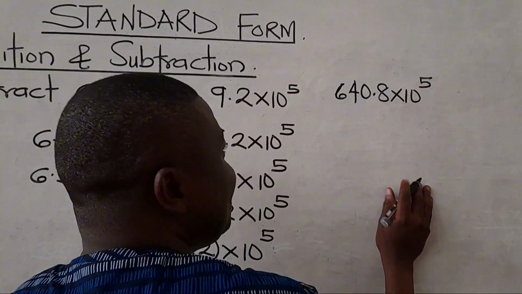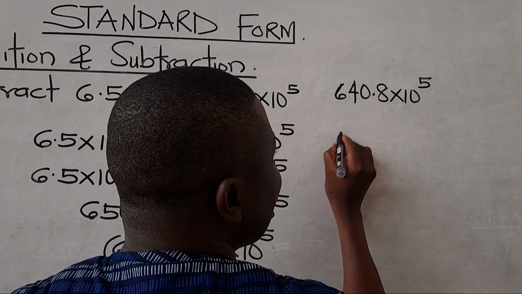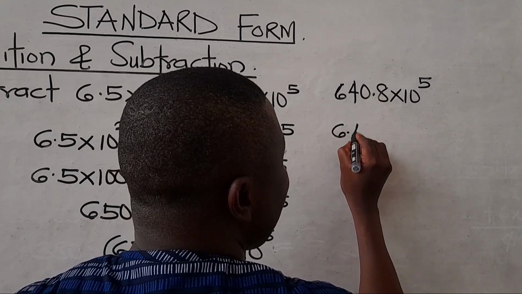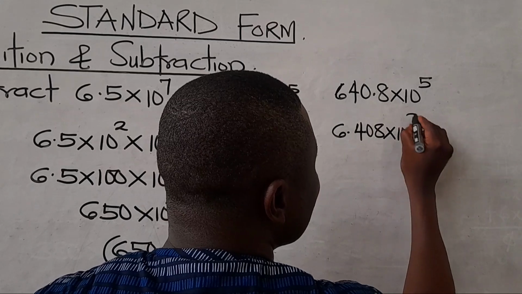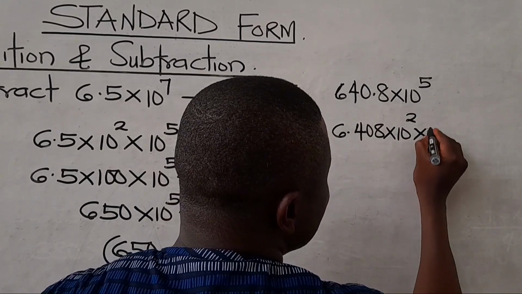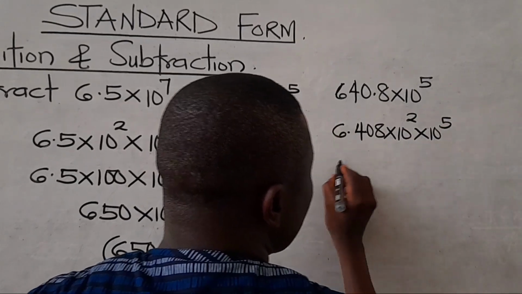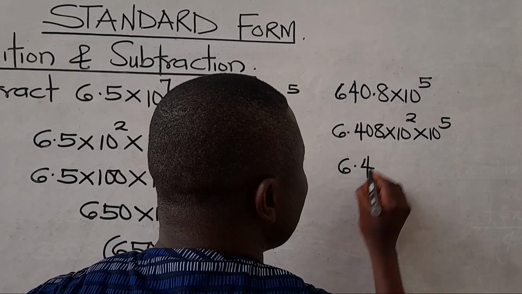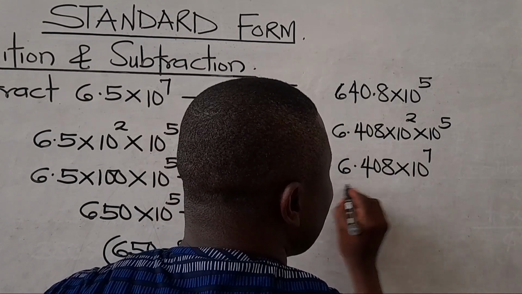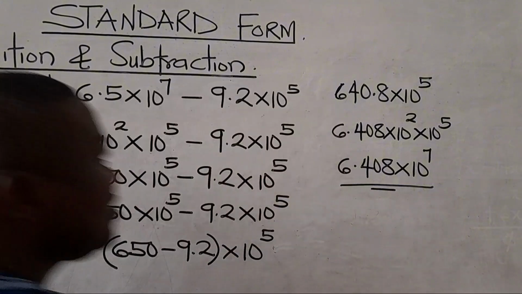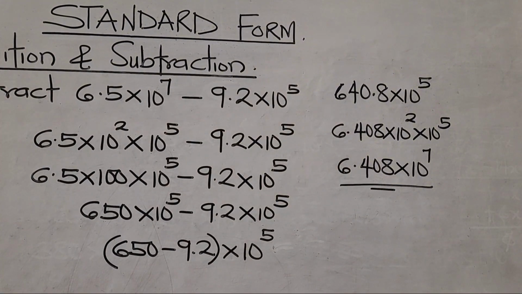We can take it as 6.408 times 10 to the power 2, because 100 times 10 to the power 5. So we have 6.408 times 10 to the power 7. This is the answer.